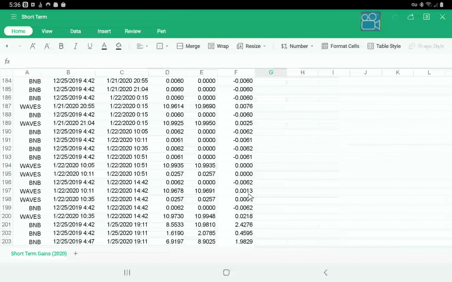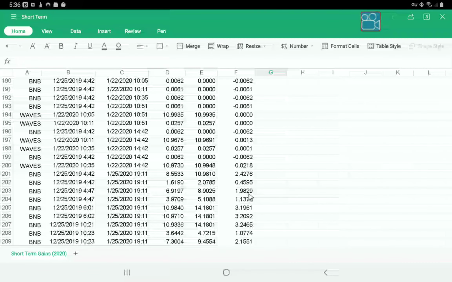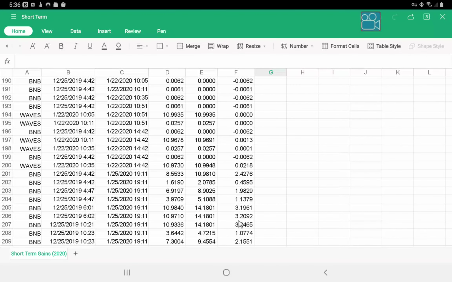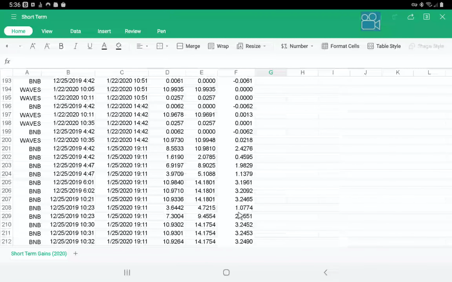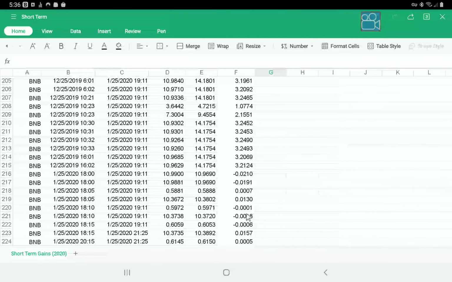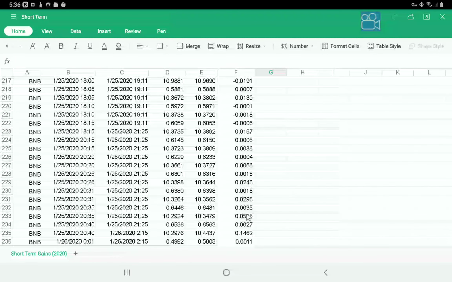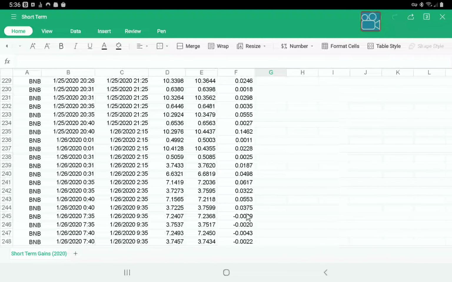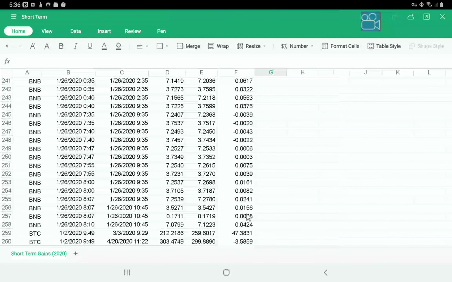So, as you can see, here's a couple of really nice profits. These are rarities. These don't take place very often. But when they do, they're nice to see. Okay, let's get to the end of January.